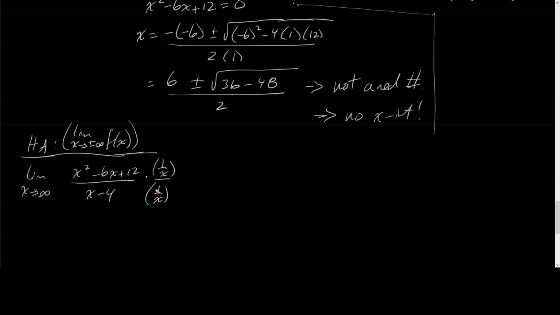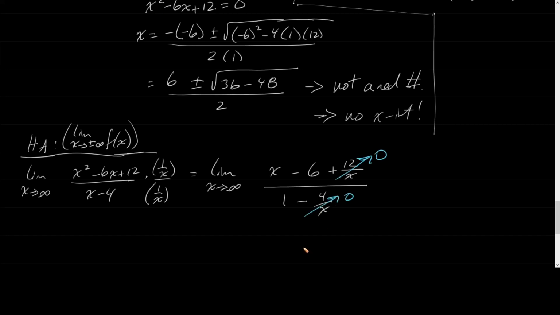So if I multiply everything by 1 over x over 1 over x, what does this give me? Well, this gives me the limit as x goes to infinity of x minus 6 plus 12 over x, over 1 minus 4 over x. And now, as x goes to infinity, this piece goes to 0, this piece goes to 0.